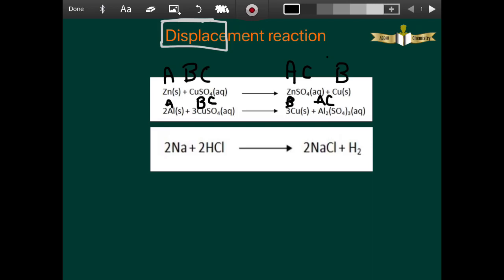Similarly for this: this is A, this is B, this is C, this is AC, and this is B.